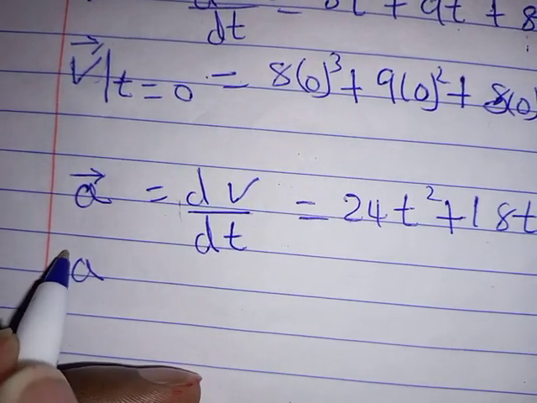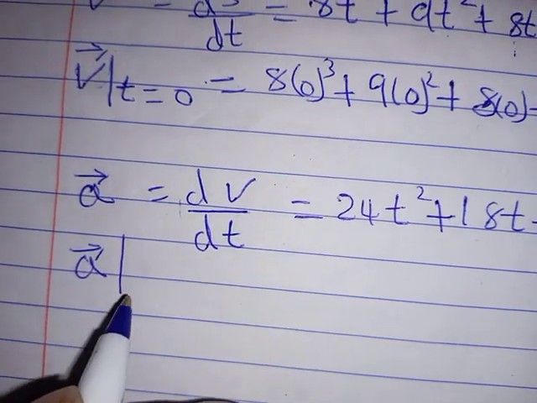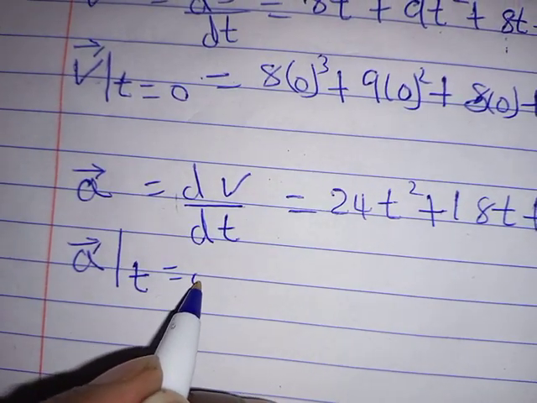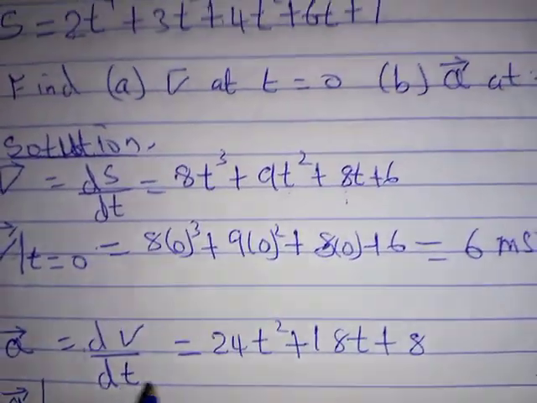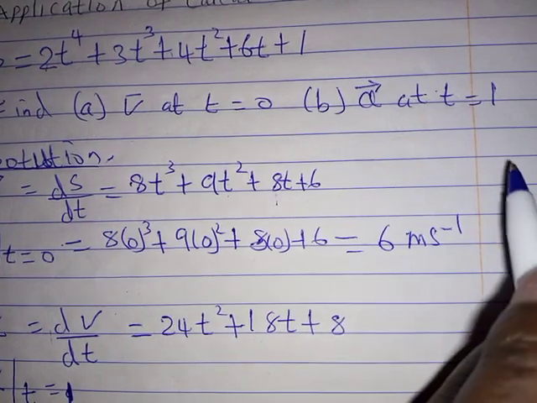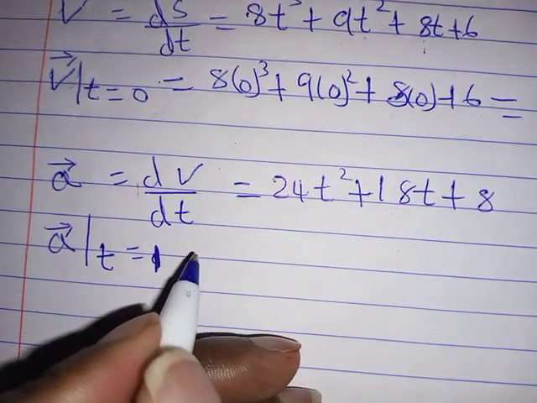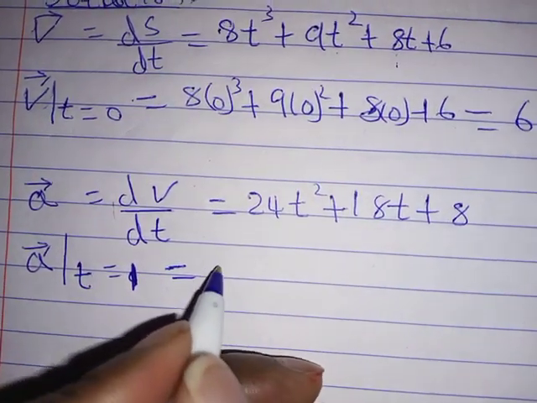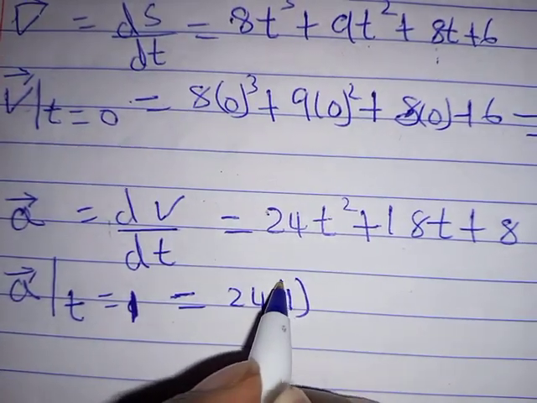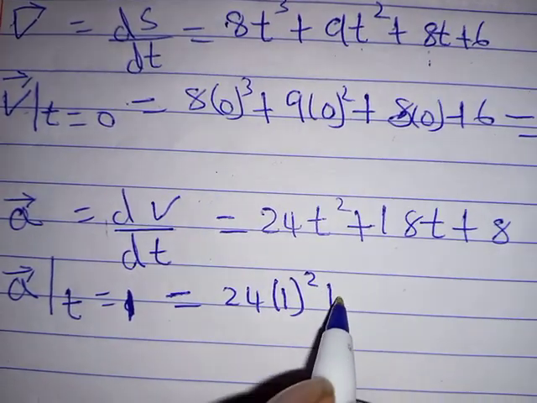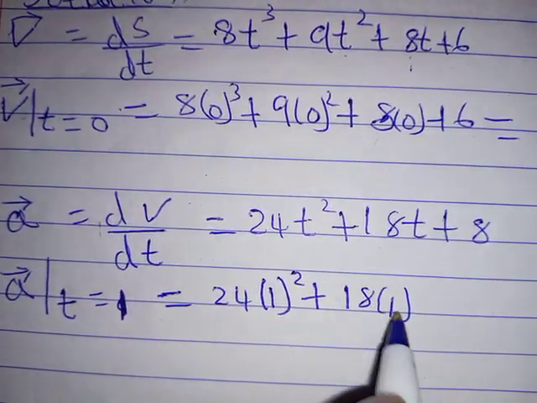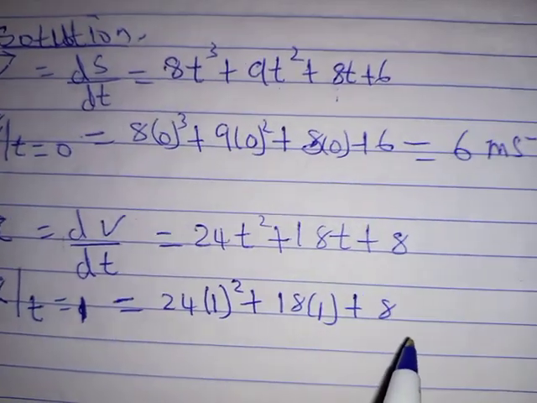So acceleration a at t is equal to 1. Part B, we are told to get the acceleration a at t is equal to 1, which will be given by a is equal to 24 times 1 squared plus 18 times 1 plus 8.